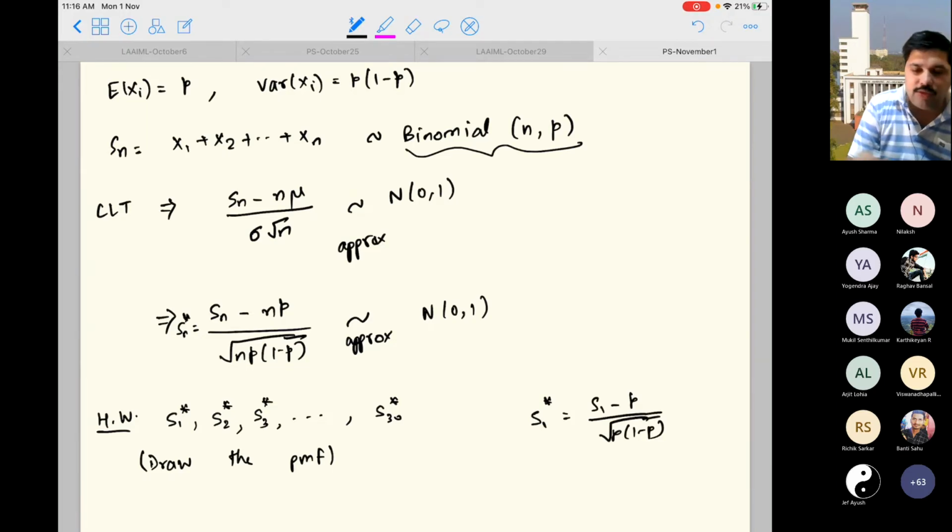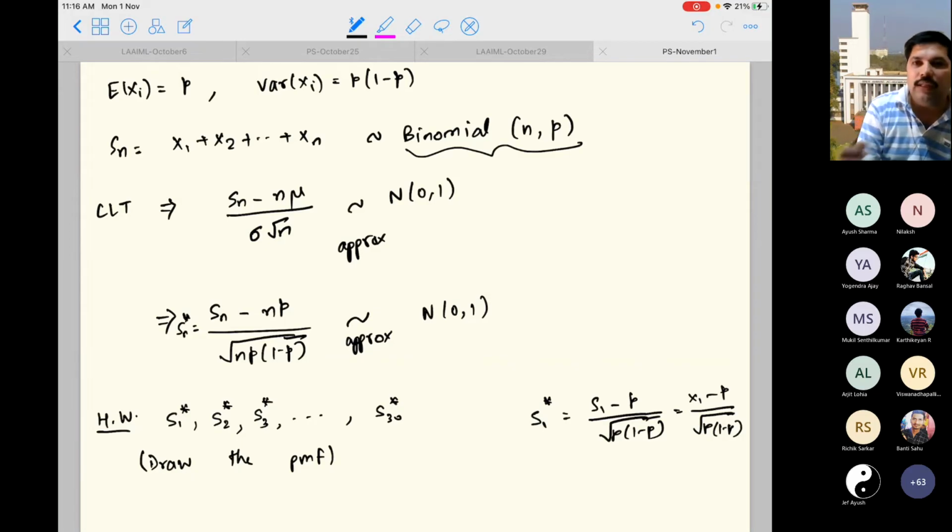S1 is X1. So this is nothing but X1 minus P divided by root of P into 1 minus P. X1 takes two values, 0 and 1, so based on that you know the values of Z1, and then you can calculate the probabilities.